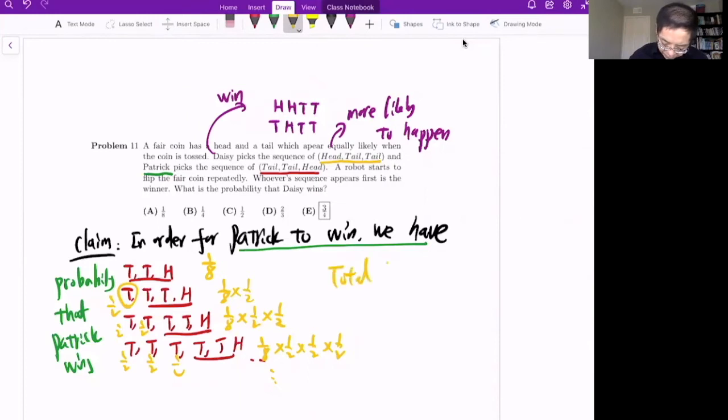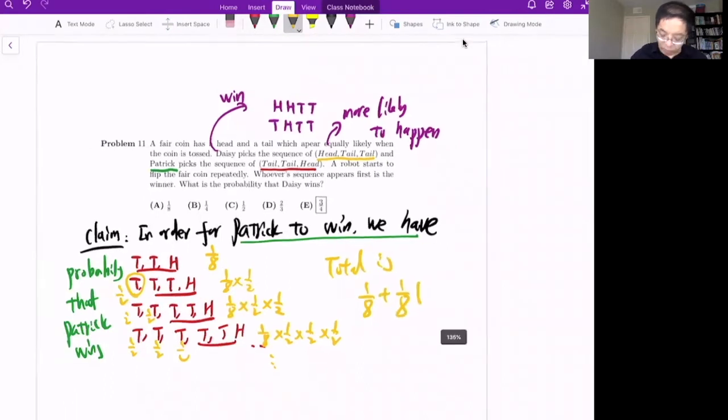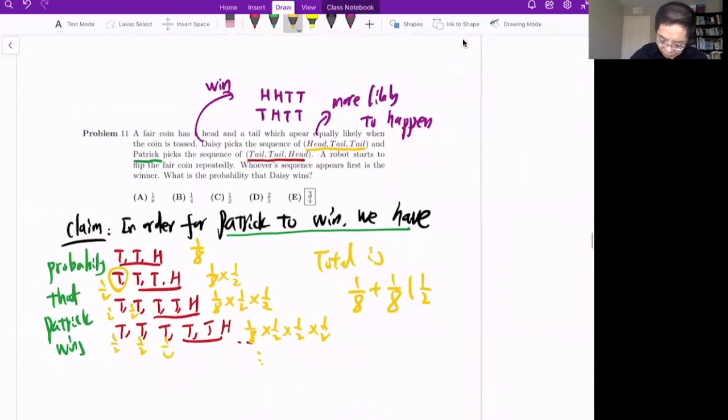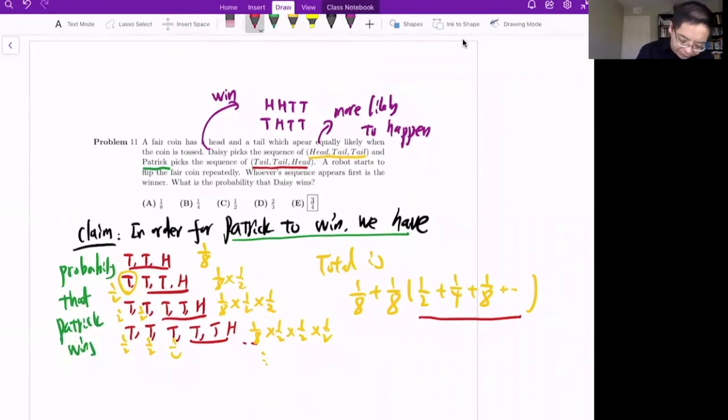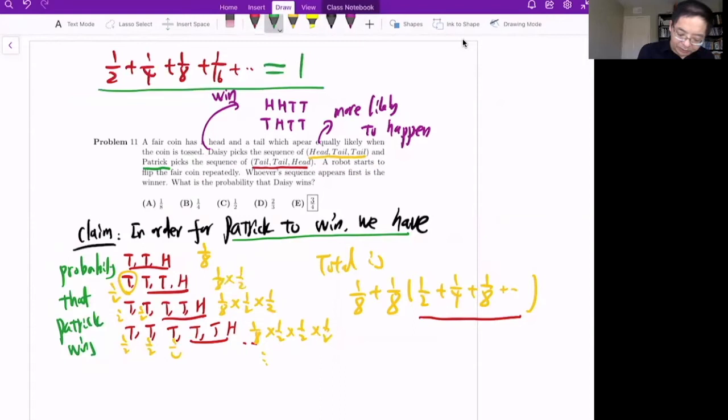probability is 1/8 plus 1/8, and we can pull out, this is 1/2 plus 1/4 plus 1/8, and all the way to 0, right? Now we know this is a geometric series, and if you add them up, 1/2 plus 1/4 plus 1/8 plus 1/16 and so on, added together equals 1.